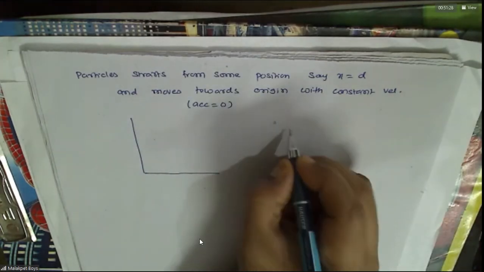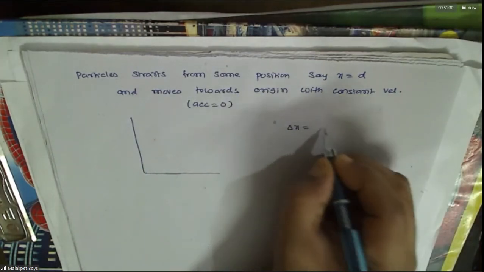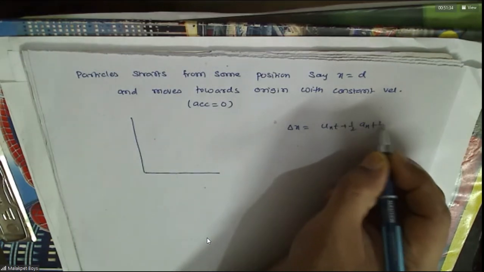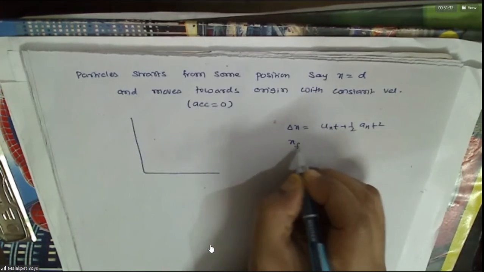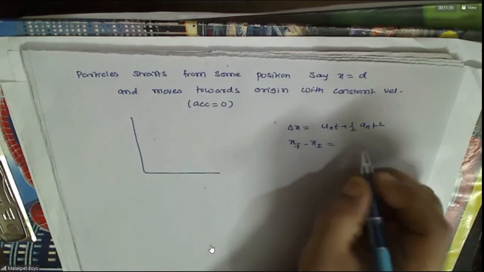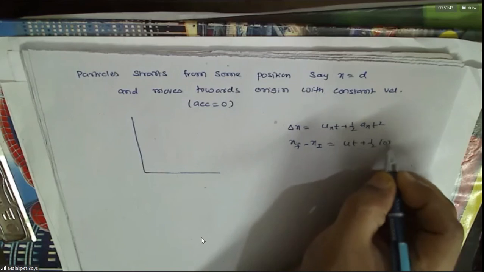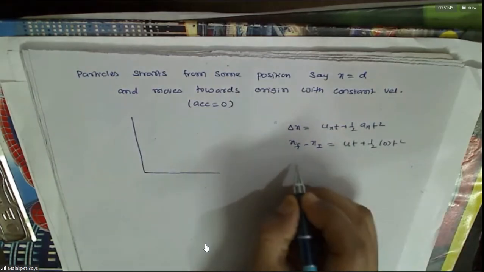That means you have ut plus half a_x t squared. This is ut, this is d.